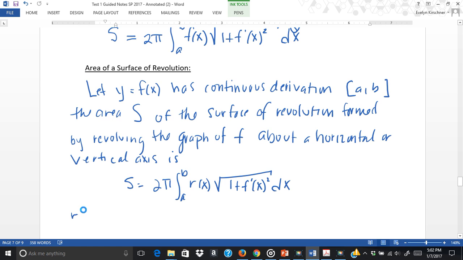And r of x is going to be the distance between the graph of f and the axis of revolution.